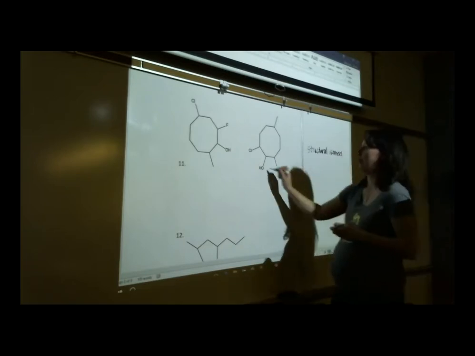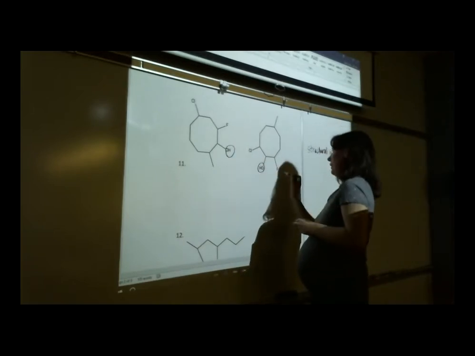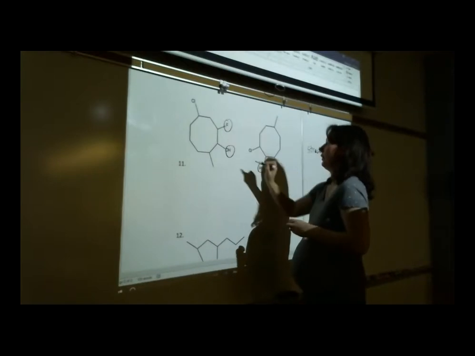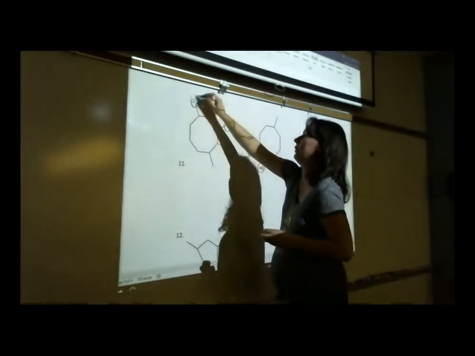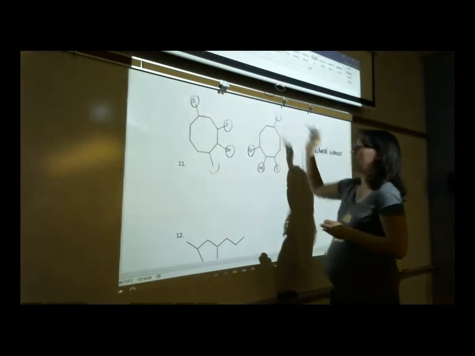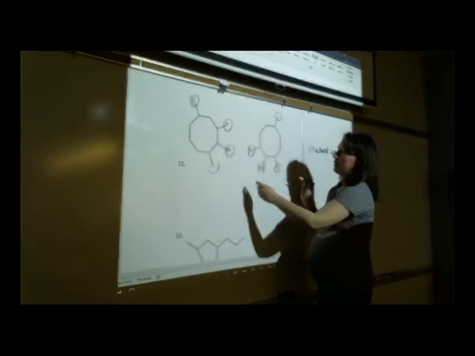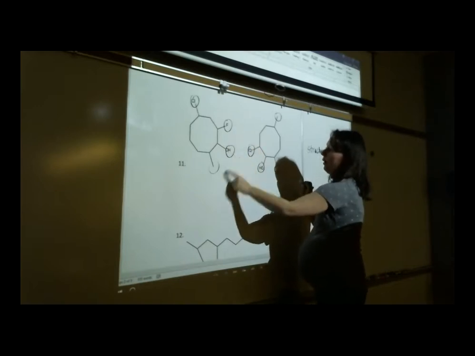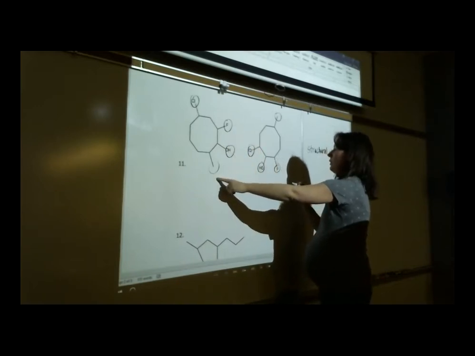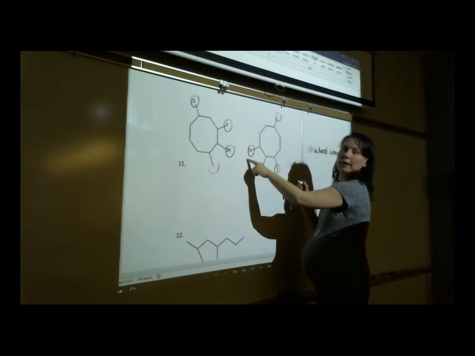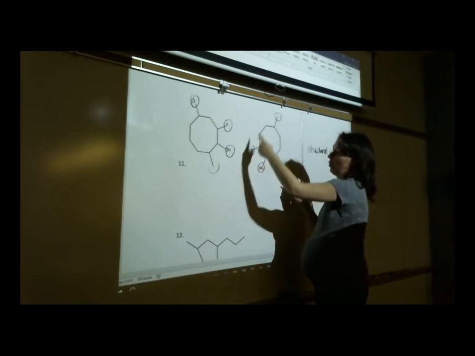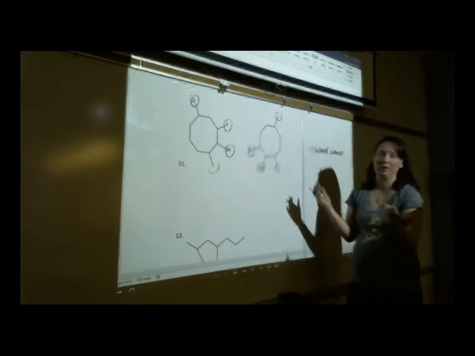They each have an alcohol, a fluorine, a chlorine, and a methyl. They're both 7-membered rings. But notice it goes fluorine, alcohol, methyl here, whereas it goes fluorine, alcohol, chlorine there, right? So the order is different, but they've got the same formula.